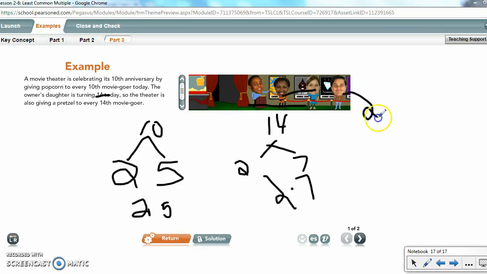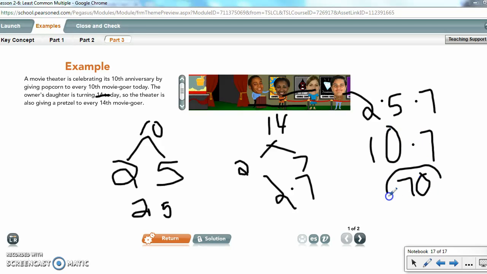So I have a 2, I have a 5, and I have a 7. What is 2 times 5 times 7? Well, 2 times 5 is 10, and 10 times 7 gives me 70. What does this mean? The 70th person in line will win both the popcorn and the pretzel. Go ahead and copy that down.